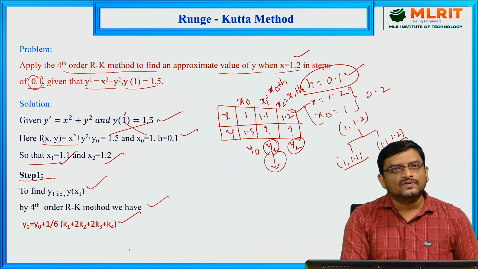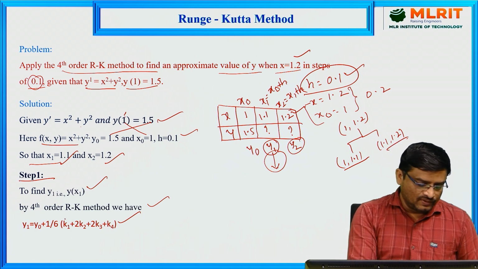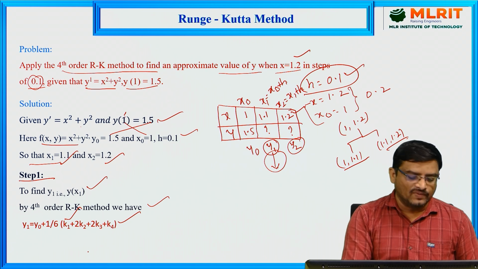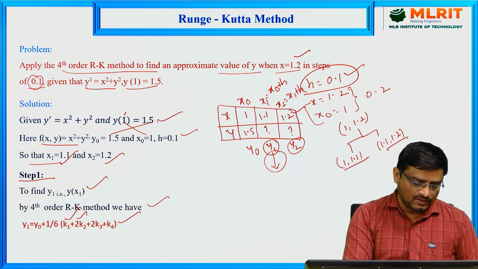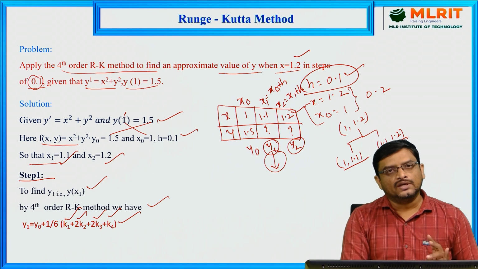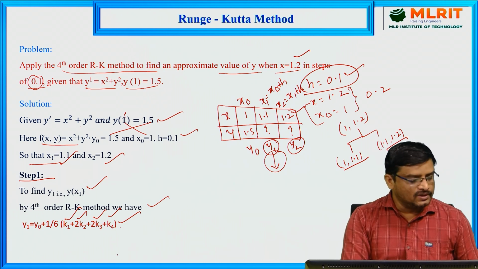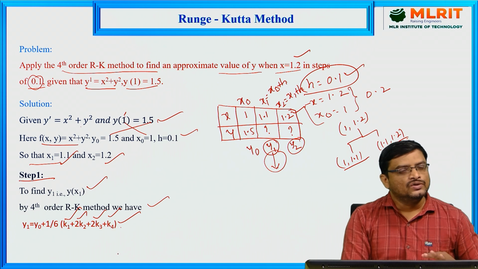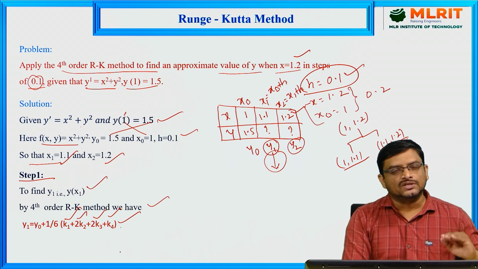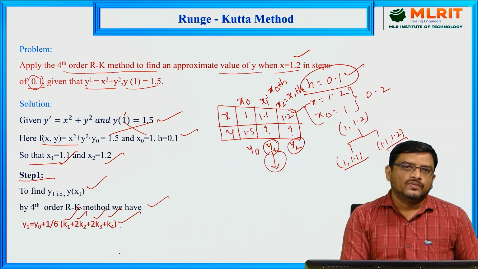First find k1, then k2, k3 and k4 one by one. After finding them, substitute these values in this formula and we get the required y1 value. No need to go for any approximations here; we get y1 directly by substituting k1, k2, k3, k4.